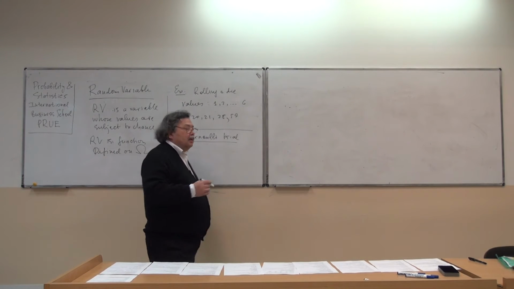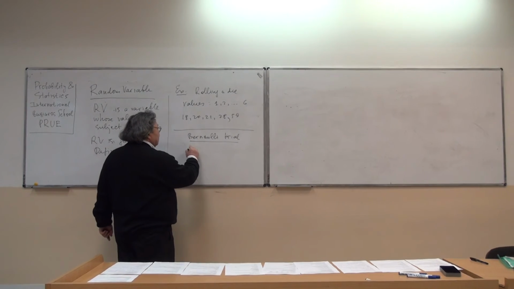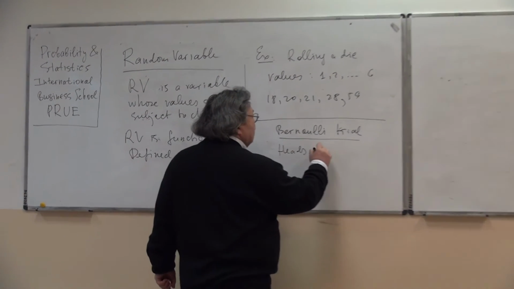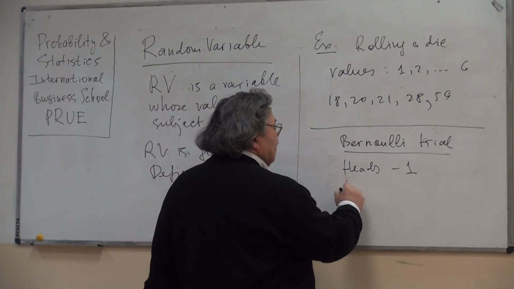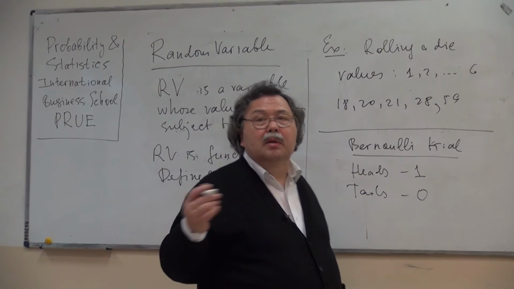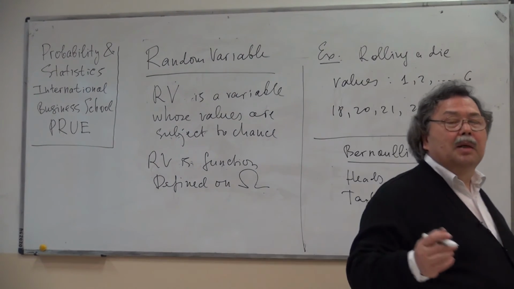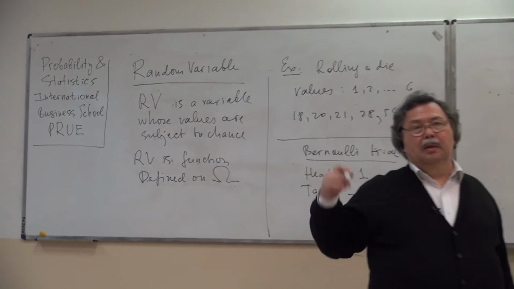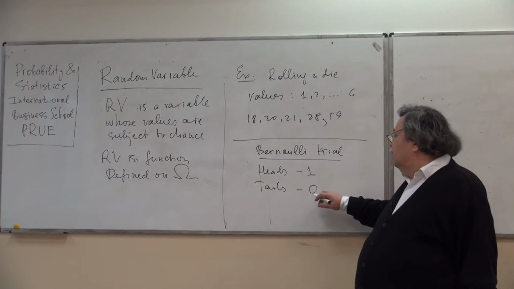Typically it's done this way: heads is associated with number 1 and tails with number 0, or the other way around. It doesn't really matter. One of the outcomes is 1 and the other is 0.